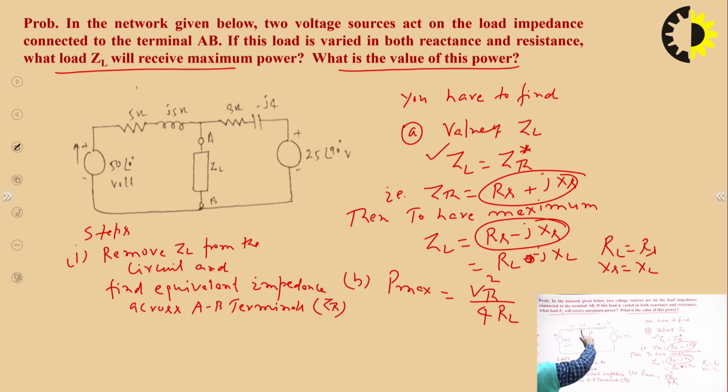So, remove this ZL from the circuit, replace all the energy sources by their internal impedance and find the equivalent impedance across AB, what we did in the case of Thevenin's and Norton's.